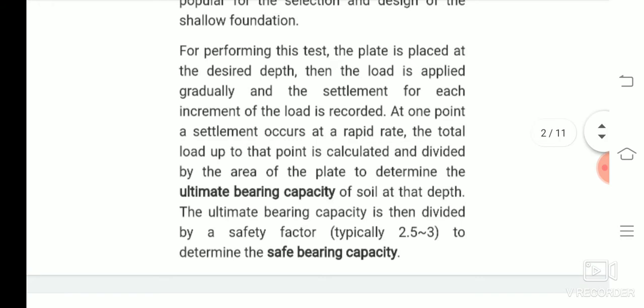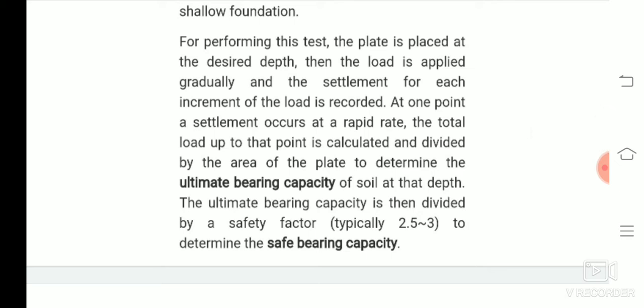At one point, the settlement occurs at a rapid rate and the total load up to that point is calculated and divided by the area of the plate to determine the ultimate bearing capacity of soil. The ultimate bearing capacity is taken as the load at which the plate starts sinking at a rapid rate.